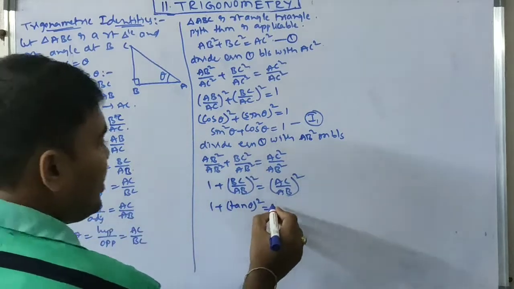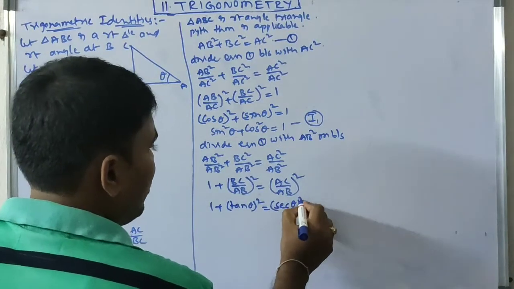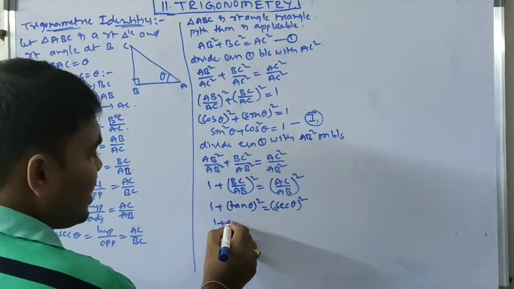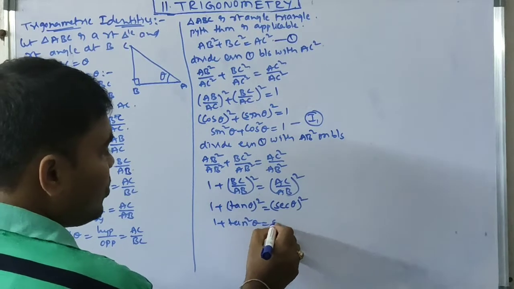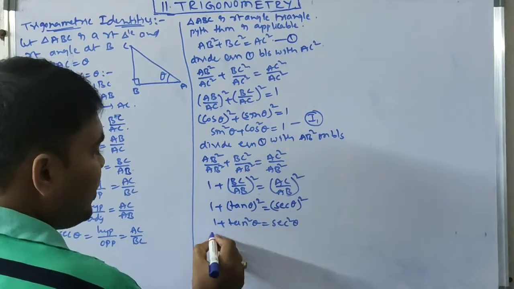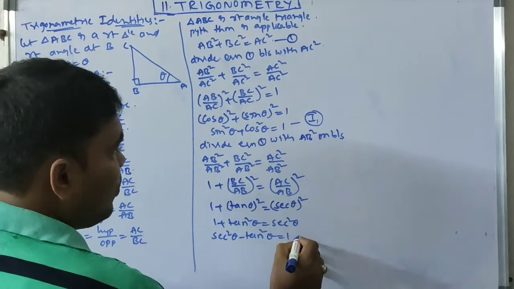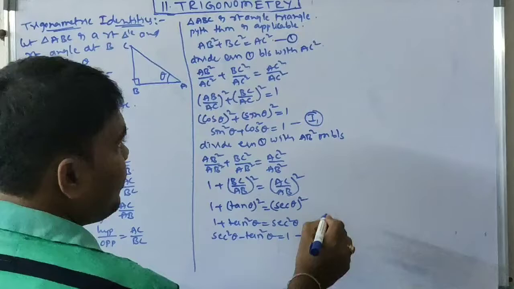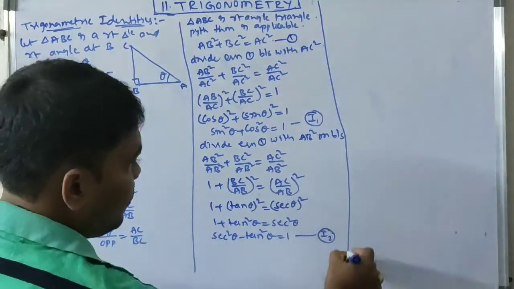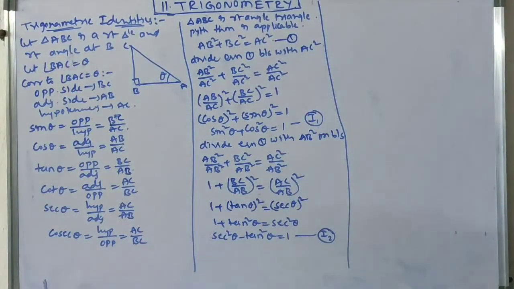AC by AB equal to sec theta whole square. So 1 plus tan square theta equal to sec square theta. Tan square theta bringing outside, sec square theta minus tan square theta equal to 1. This is identity 2.